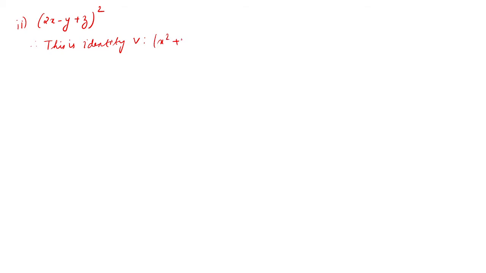Sorry, it's not x square. It is (x + y + z) the whole thing square, equivalent to x square plus y square plus z square plus 2xy plus 2yz plus 2zx.